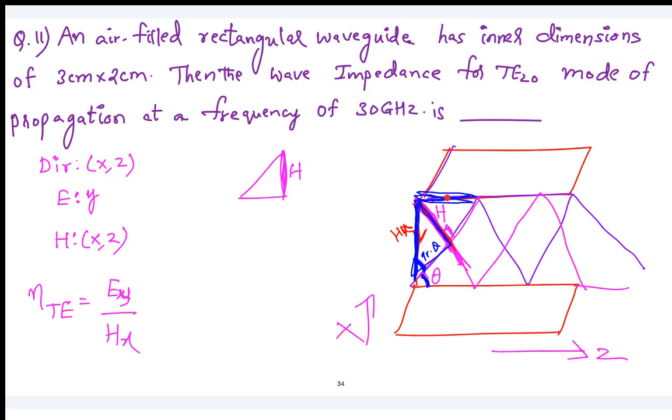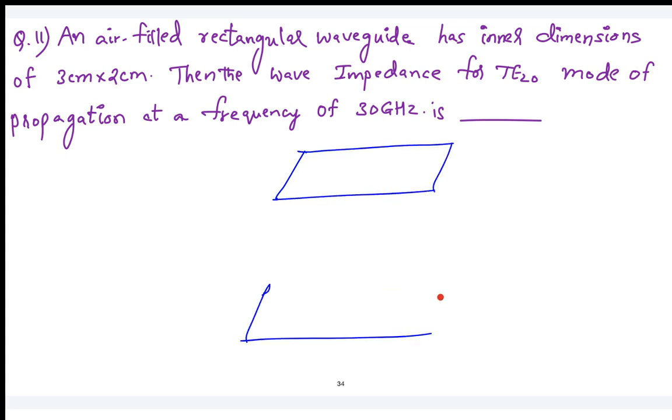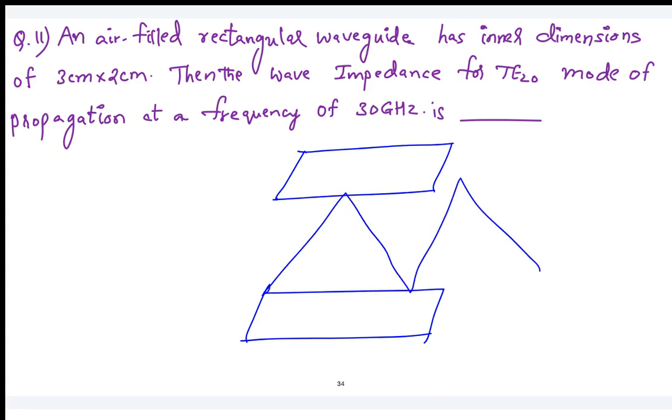Let me draw it clearly, then you can understand better. So this is basically your wave angle, right? And your magnetic field is exactly propagating perpendicular to that. So this is your resultant propagation constant.